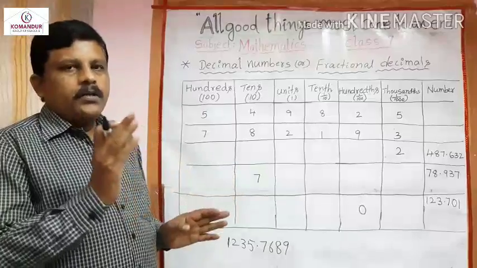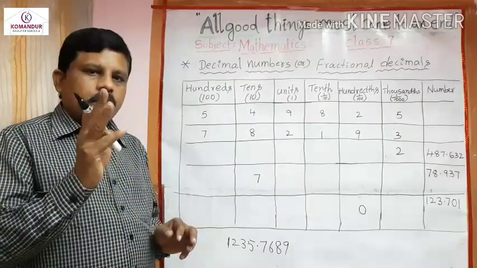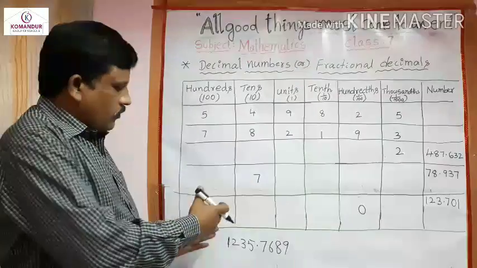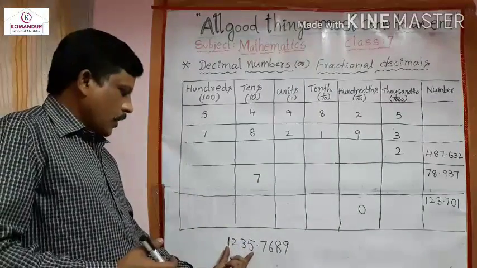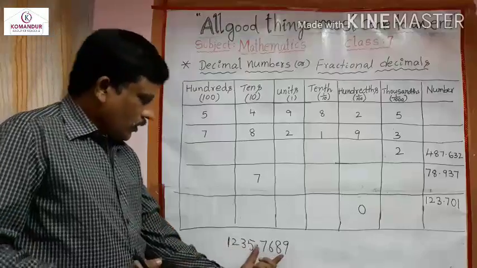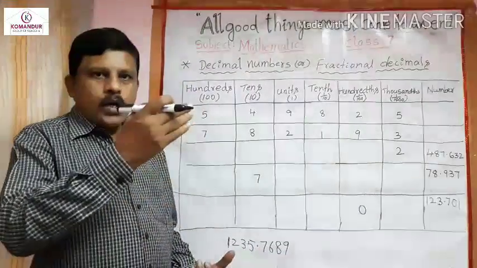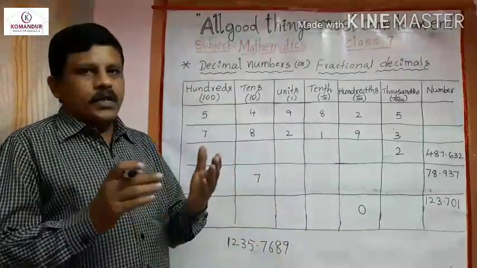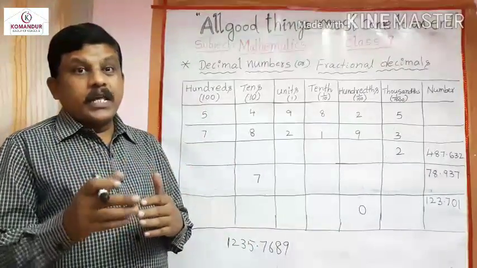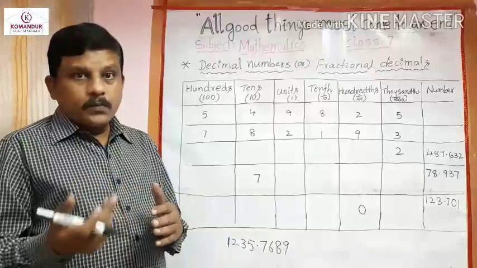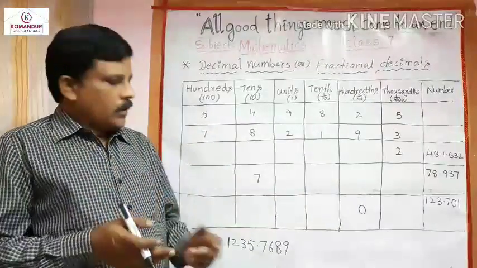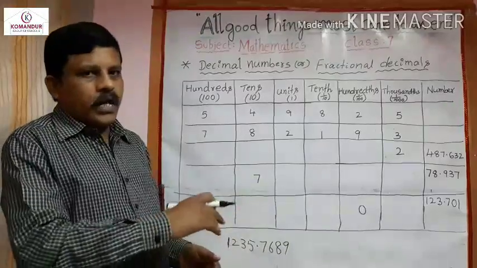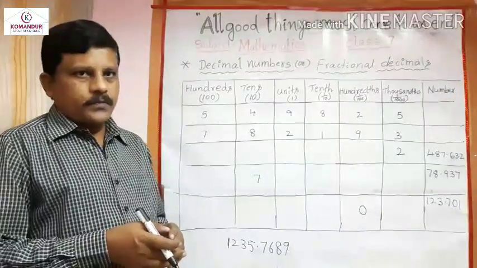So on the left side, units are 1, 10, 100, 1000, 10,000, like that we take on this integral side. In the decimal part, 1 by 10 means the tenth place, T-E-N-T-H, tenth place means 1 by 10. 1 by 100, 1 by 1000, 1 by 10,000, like that we take in decimal numbers.